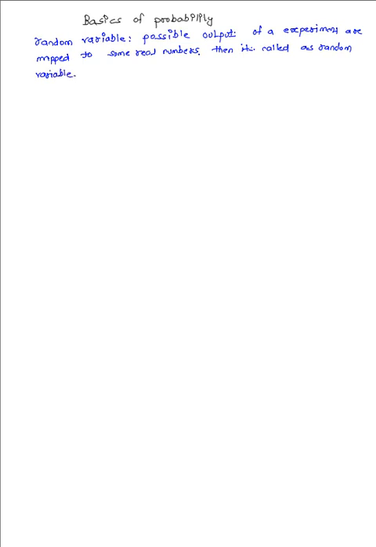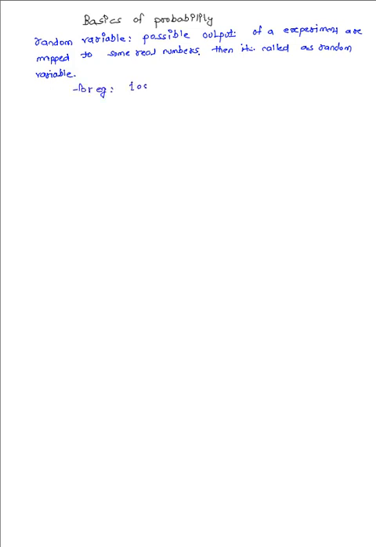So right now we can define a random variable as a function. It's a function that maps the outputs of the random experiment to some real numbers. This function that maps the outputs of the random experiment to various real numbers is called a random variable. So let me take an example.